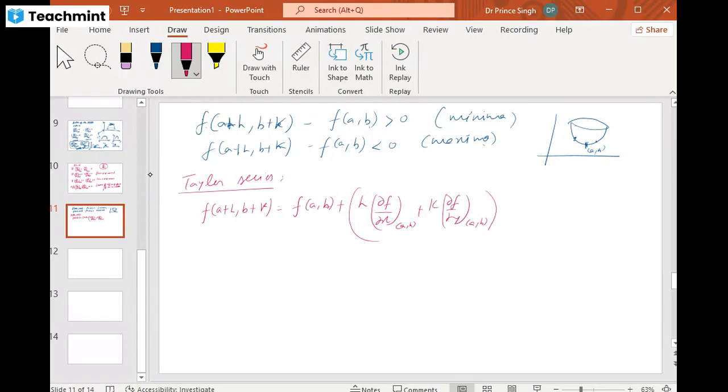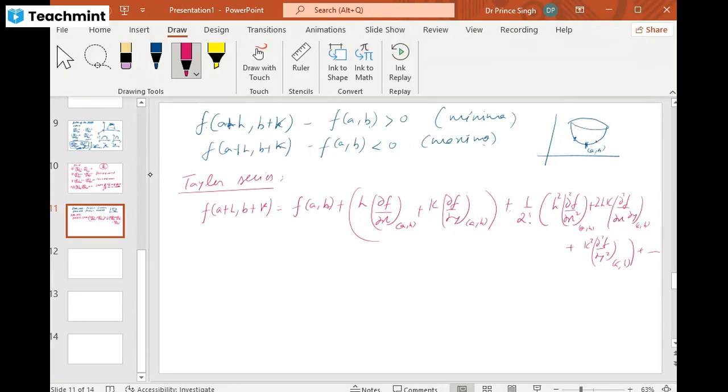So this is for the first order derivative. For the second order derivative, 1/2! times [h² ∂²f/∂x² plus 2hk ∂²f/∂x∂y at the point (a,b) plus k² times ∂²f/∂y² at the point (a,b)], and so on.